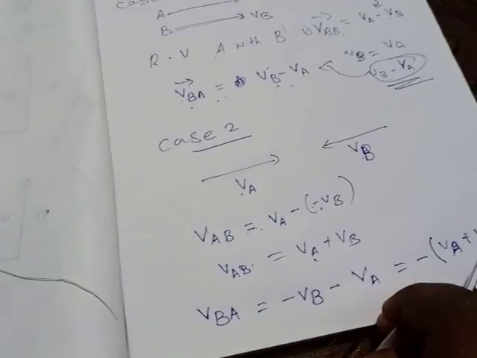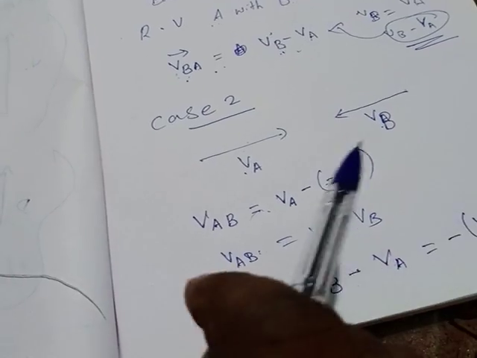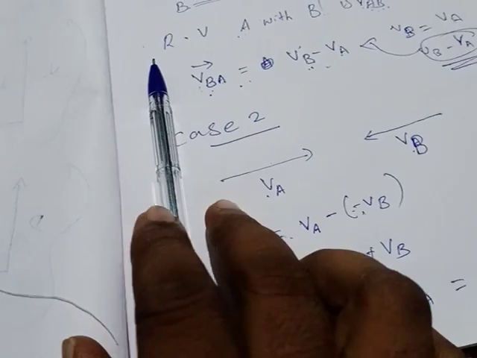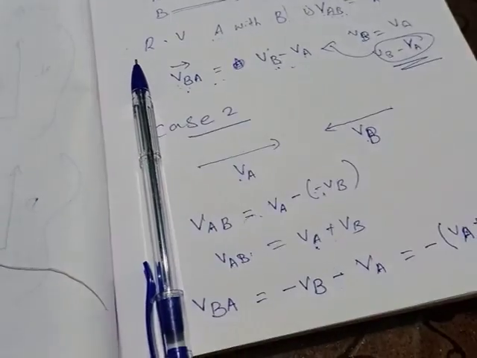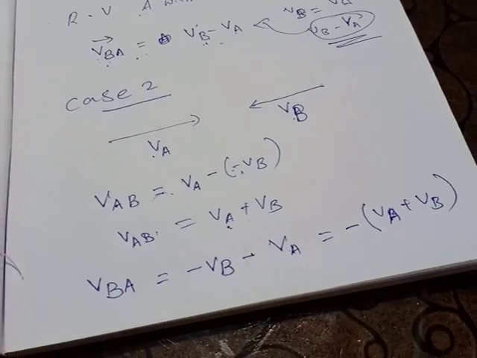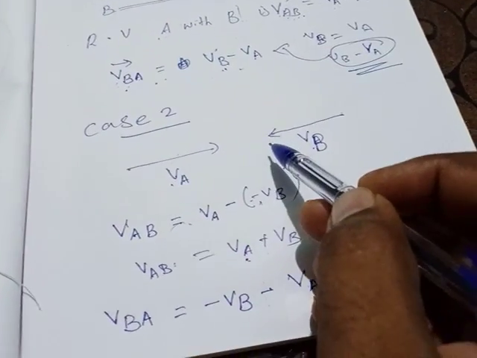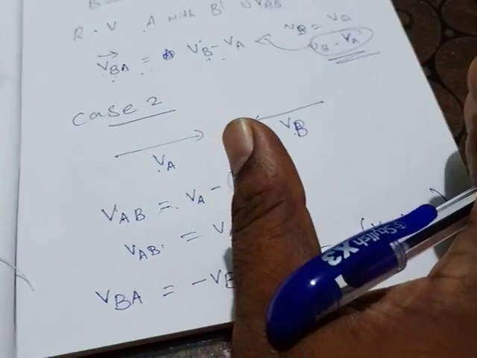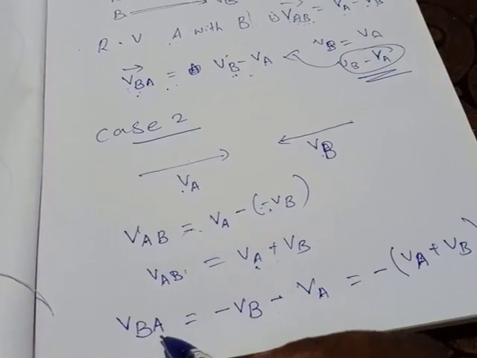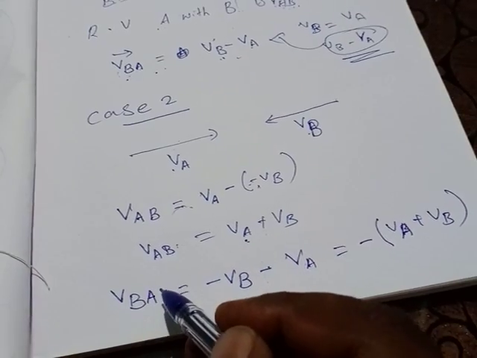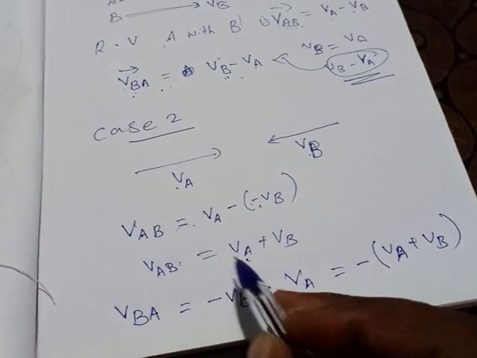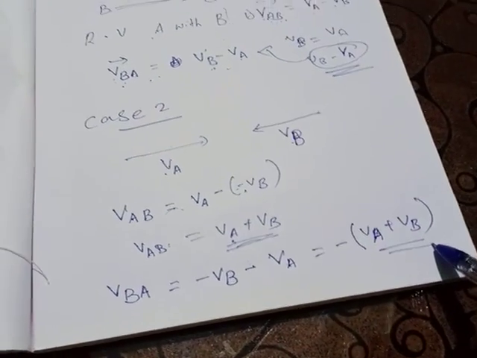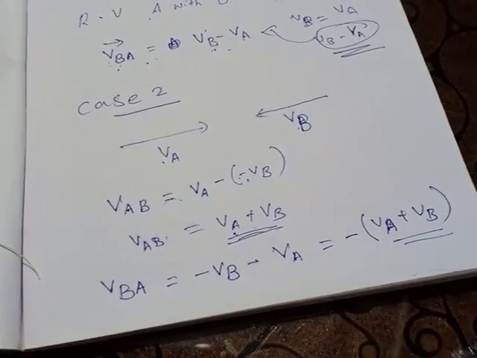Now what can you conclude? It means the same thing. If two objects are moving in the opposite direction with uniform velocity, the relative velocity of one object with respect to another object is equal to the sum of the magnitudes of their velocities.